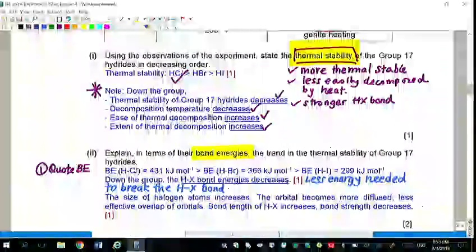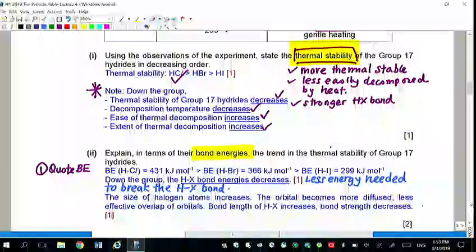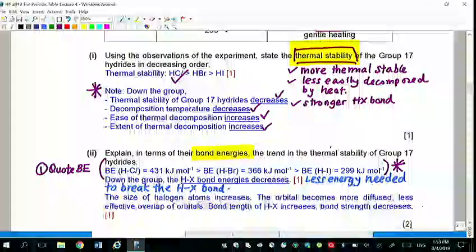Last part is that when the question asks you to explain in terms of bond energy, read the question. It means that definitely in my answer, I must mention something about bond energy. So I will quote the bond energy value in your data booklet. Look at how I represent my information.